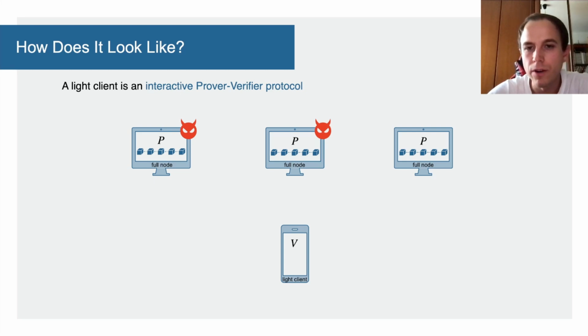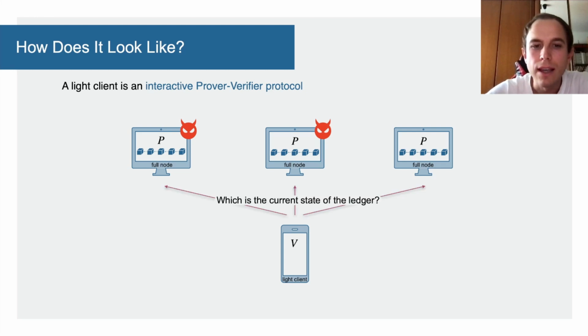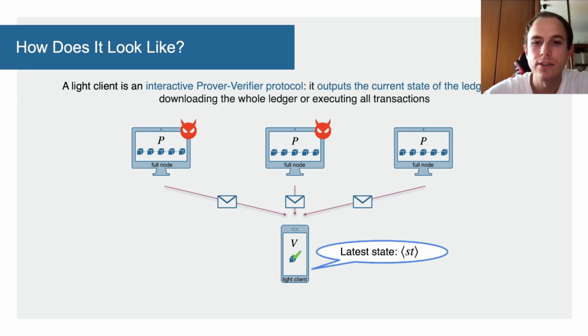So we also need to find at least one honest prover that we connect to. Then we ask them, what is the current state of the ledger? And they reply with some message. And from these messages, we can extract the latest state of the ledger without needing to download the whole ledger or executing all of the transactions.